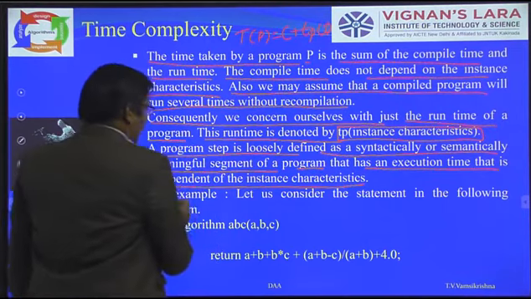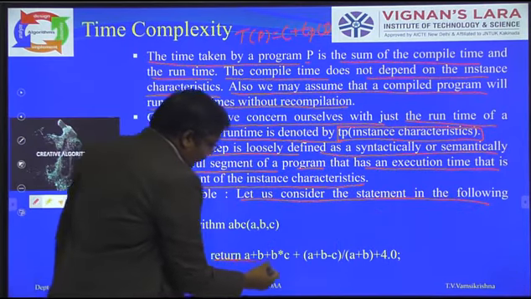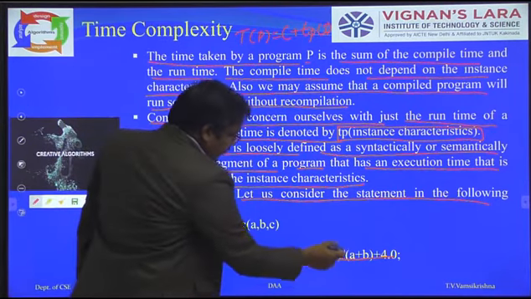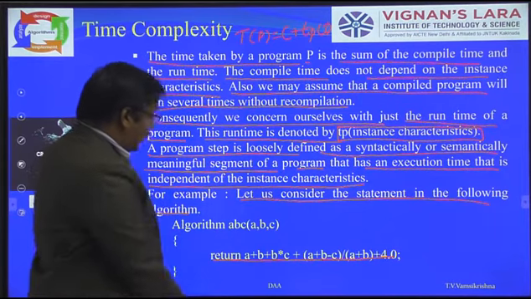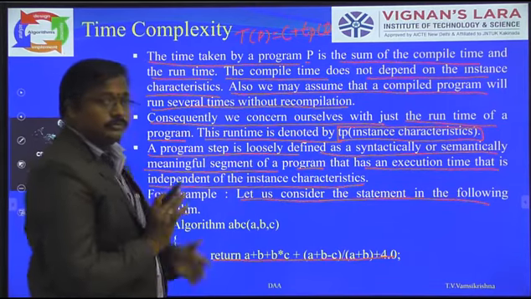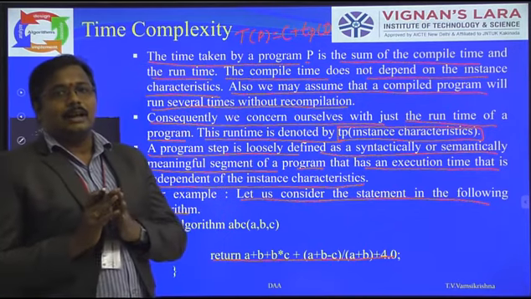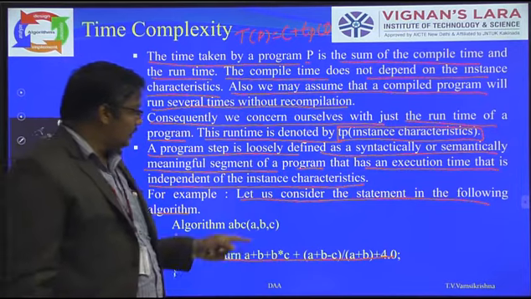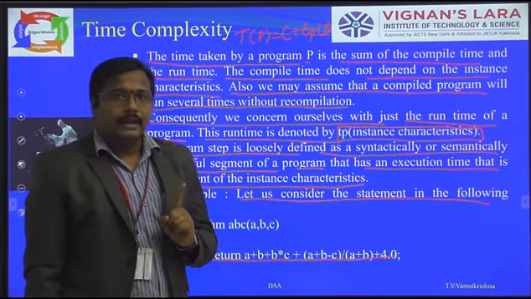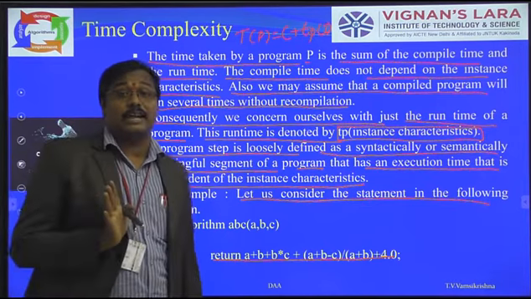Next, for example, let us consider the statement in the following algorithm. Here only one statement is there, consisting of six addition operations, one multiplication, one division and one subtraction. Whatever the operations, the entire statement is considered as only one step, which takes 1 unit of time for evaluation.